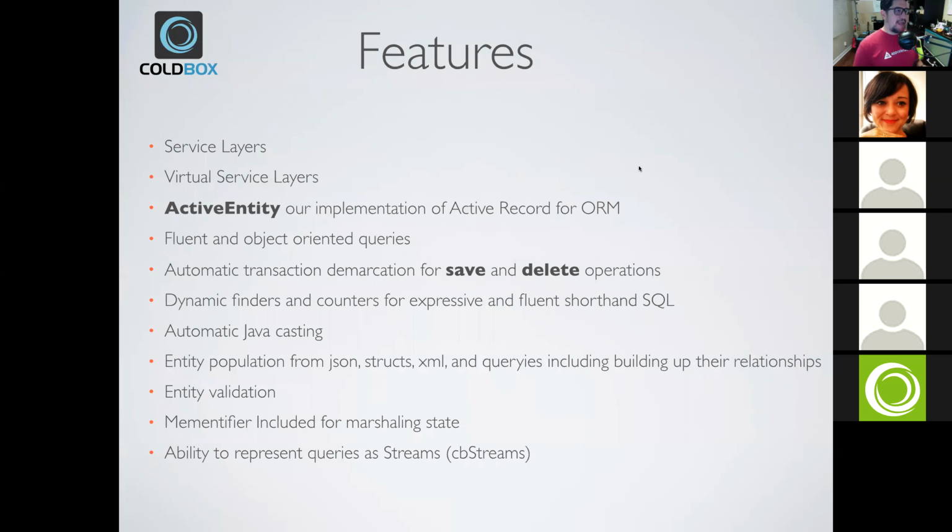I cannot say that I created it, but I actually blatantly stole it from GORM, which is the ORM for Grails. Grails inspired a lot of things in cborm a long time ago. There is also automatic Java casting. Now that we're dealing natively with Hibernate, of course we need to deal with Java, but we want to make it really easy for ColdFusion developers, so you don't have to worry about Java casting.